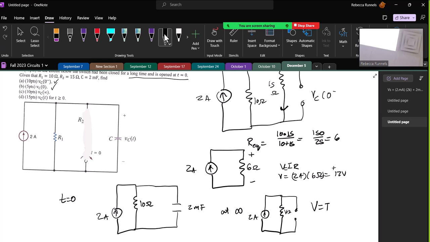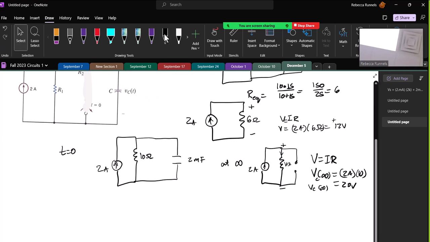So VC at infinity is 2 amps times 10 ohms, which is 20 volts. Make sure the sign is right. Yes, that's plus, that's minus, because that is the direction the current is going.